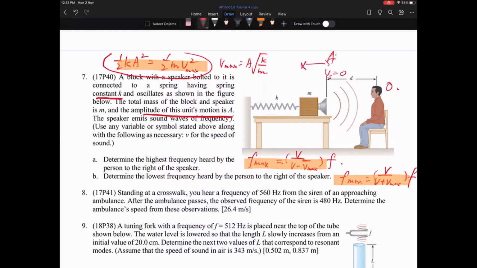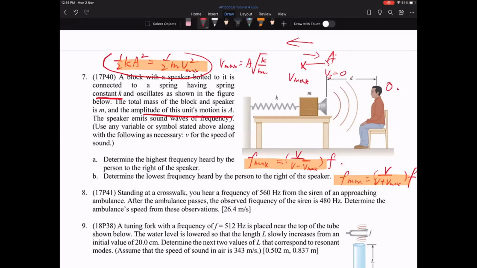And then at the equilibrium point, the loudspeaker should be having the maximum speed. It can be moving backward, or it can be moving forward.